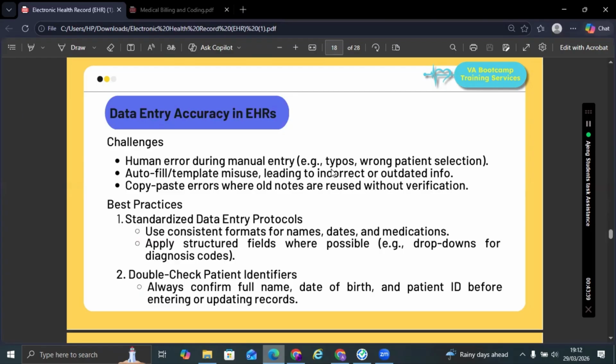Best practices: standardized data entry protocols, use consistent format for names, dates, and medication, and then apply structured fields where possible, like drop-down for diagnosis codes, and then double-check patient identifier, always confirm full name, date of birth, and patient ID before entering or updating record.